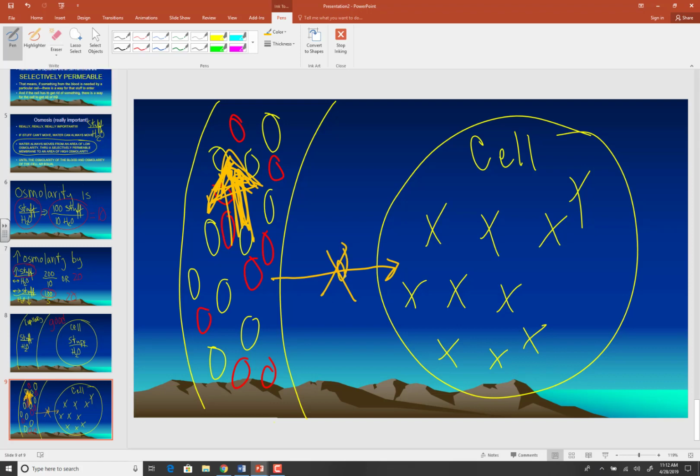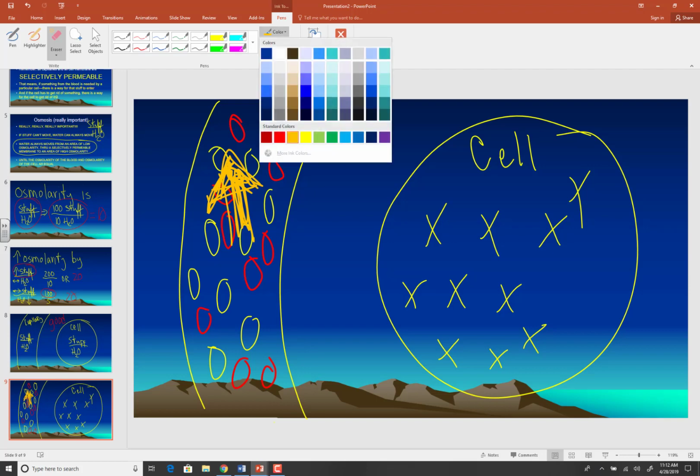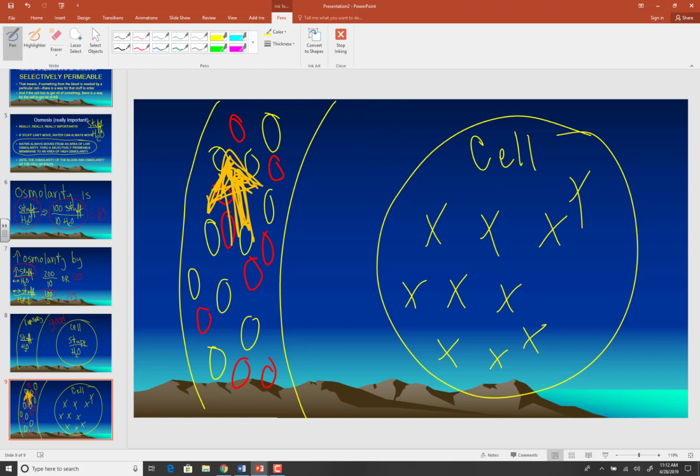We got a problem because the osmolarity of the blood is now higher than the osmolarity inside the cell. So what's our goal? Our goal is to have the osmolarity of the blood and the cell equal. So if this stuff that I just added to the blood is impermeable to the cell, it can't go in there.